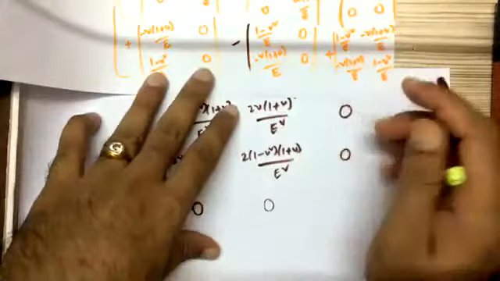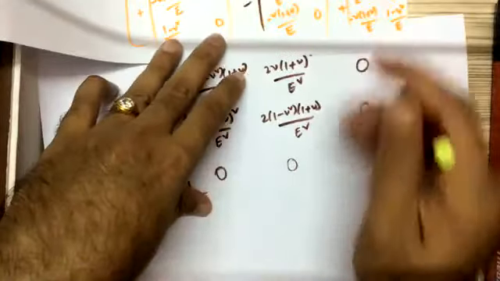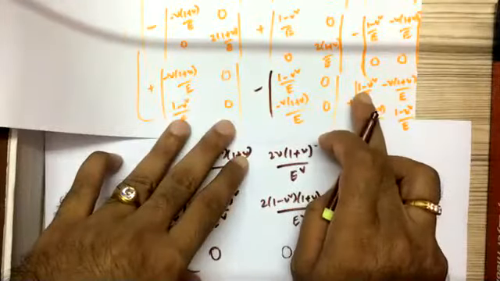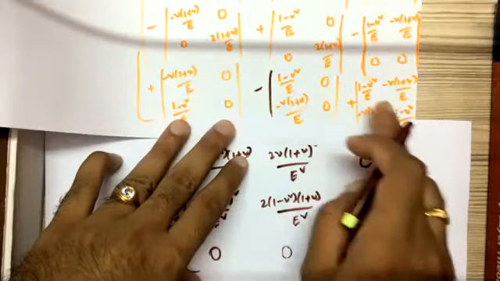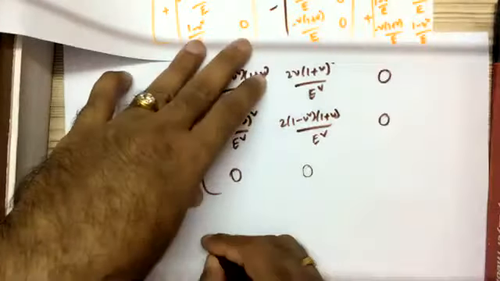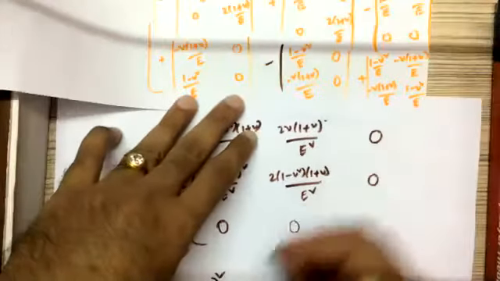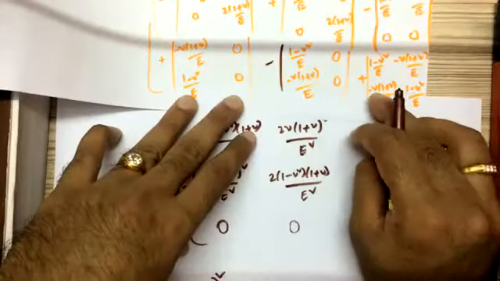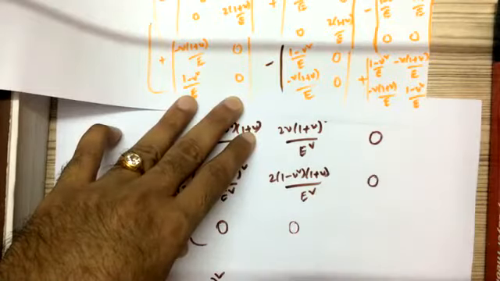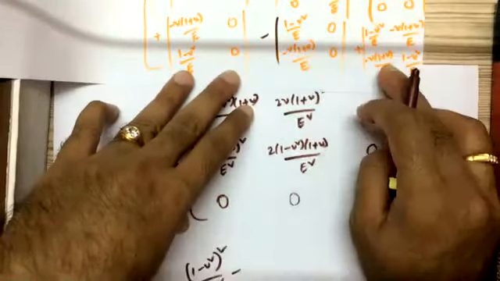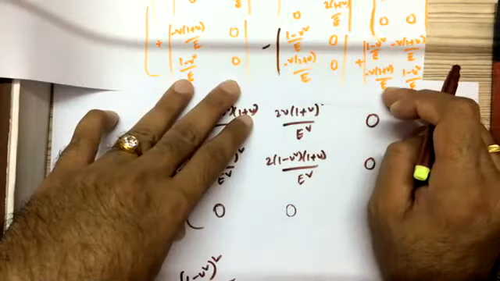Next, this is very important. What is this? 1 minus nu square by E into 1 minus nu square by E, AD. How much is that? 1 minus nu square whole square by E square, minus BC. What is BC? Minus into minus plus. So nu square into 1 plus nu whole square by E square.